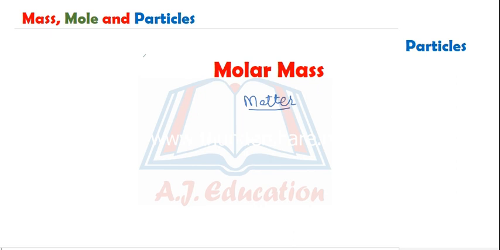In matter we know that anything that has some mass and occupies some volume is matter. And matter could be a substance if it is pure. If the matter is pure, then it is all substance.